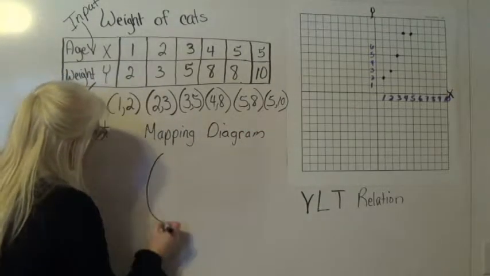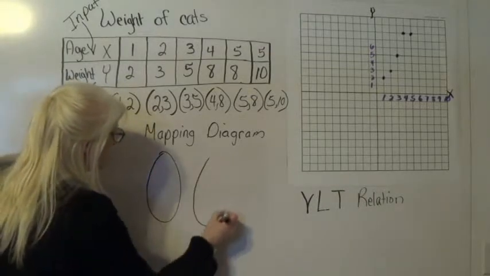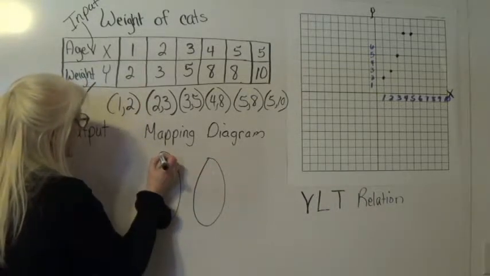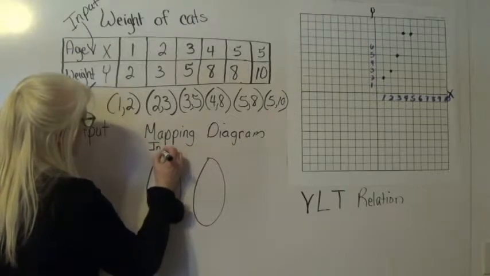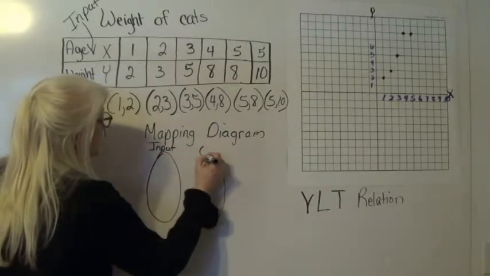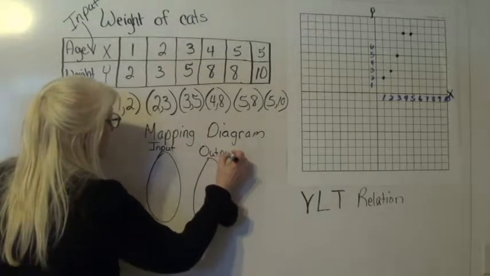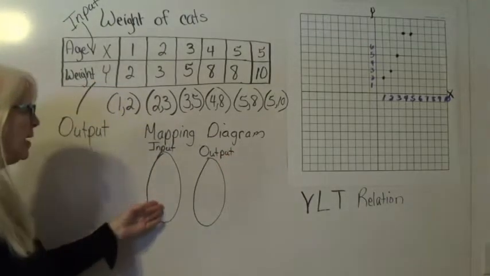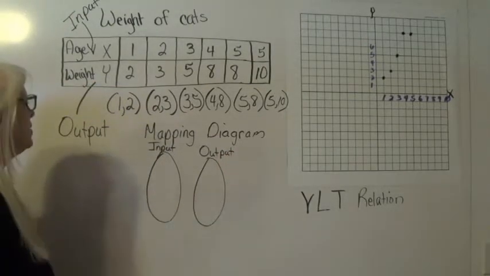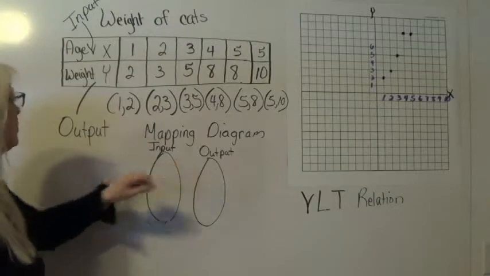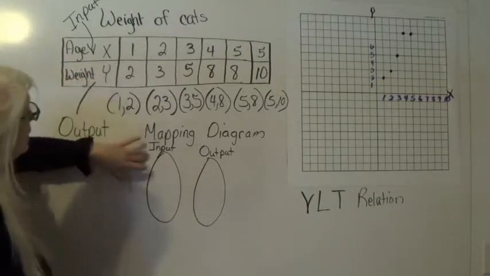So a mapping diagram looks like 2 ovals, and this one is your input and this one is your output. And remember, your input is your domain and your output is your range. So I could call it domain and range, or x and y.